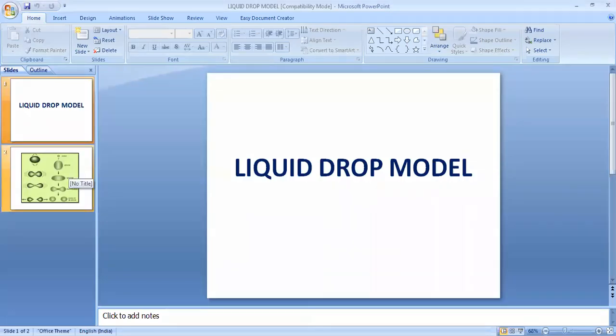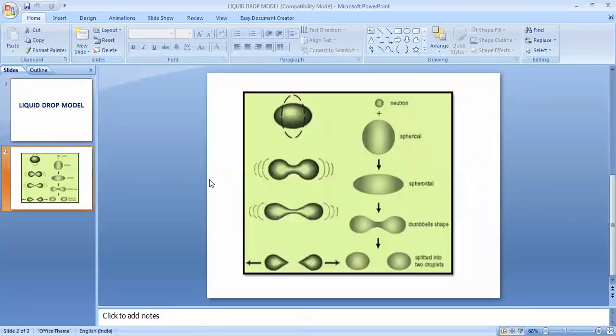Just see here how the liquid drop model can be assumed. This is a figure of a liquid drop.